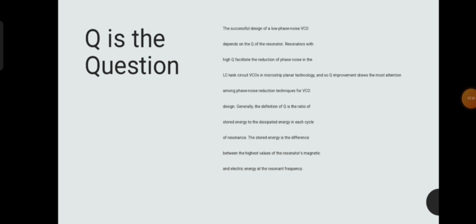Generally, the definition of Q is the ratio of stored energy to the energy lost in each cycle of resonance. The stored energy is the difference between the highest values of the resonator's magnetic and electric energy at the resonant frequency.